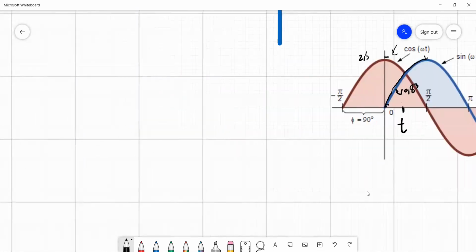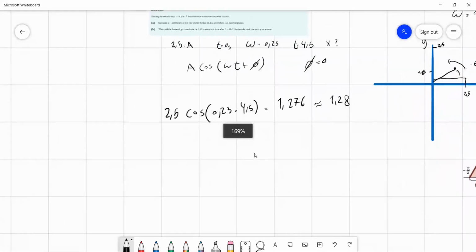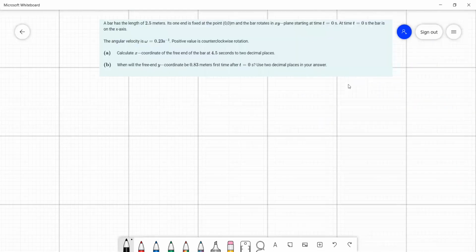Okay, so let's think about how to write the formula. Since we said that the amplitude equals 2.5, we have an idea that we will need the general formula of A times sine omega t. And the same case again, phi can be ignored since it has no shift.